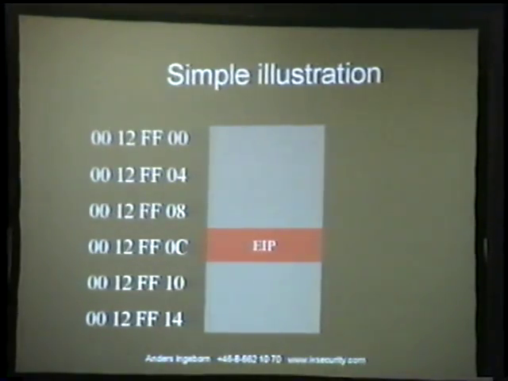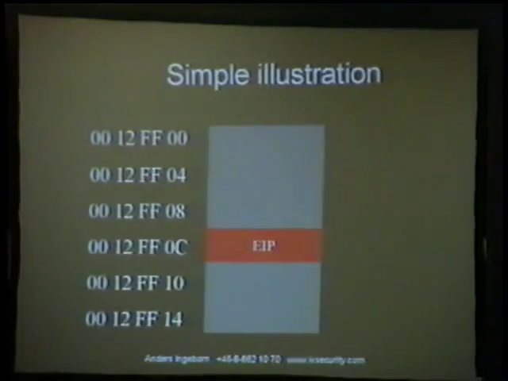And then if this called function is writing data to these local variables without doing any verification of the sizes, it might be possible for an attacker to write outside of the reserved buffer, and then the attacker might be able to overwrite the stored return address, and then it will look like this.